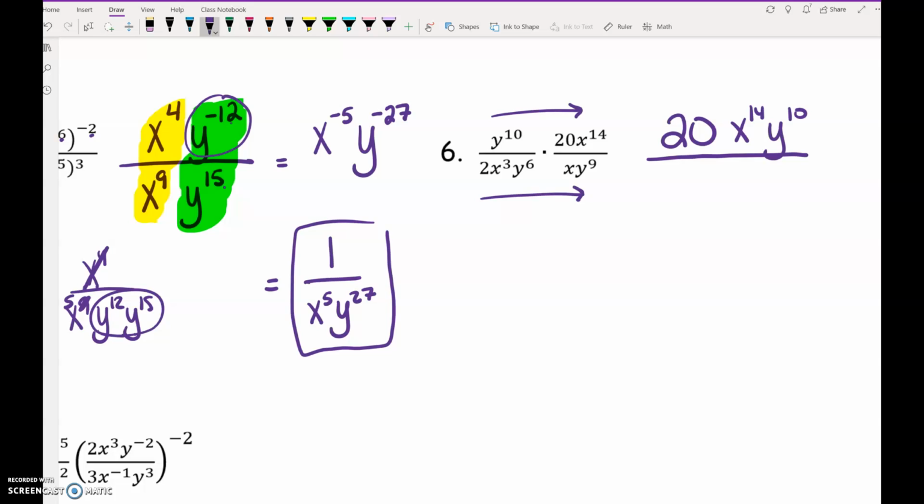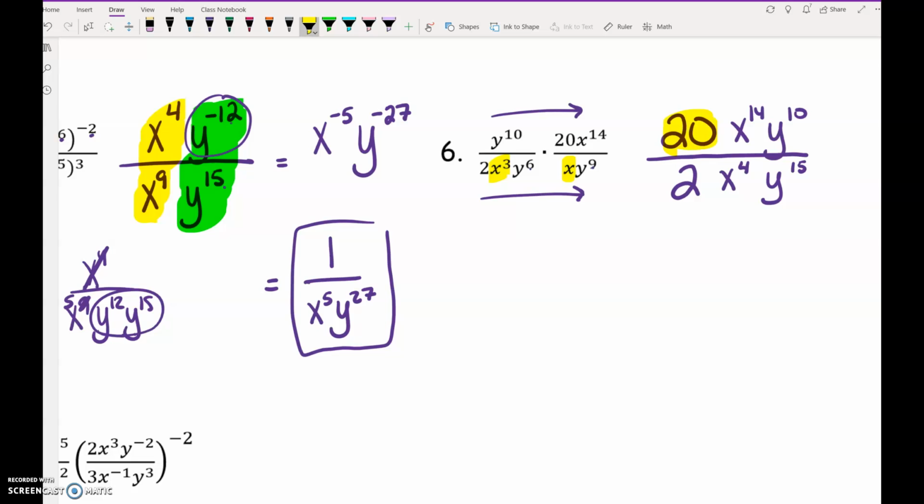On the bottom, say there was another number in front of this xy to the 9th. You'd have to multiply that 2 to that other number. There isn't another number, so it's just 2. But we do have x to the 3rd and another x. So that means we have x to the 4th on the bottom. And y to the what on the bottom? 15th, because 6 plus 9 is 15.